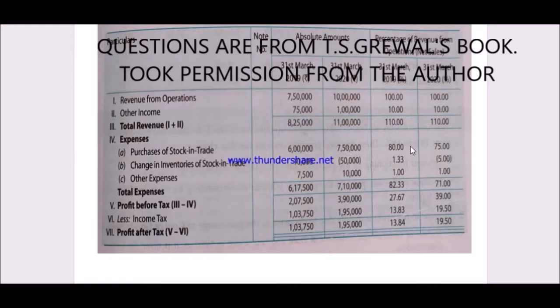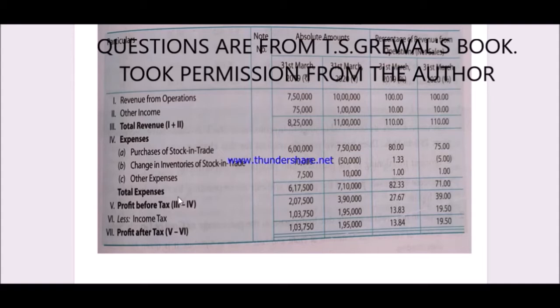If you calculate, you will get it. In the same way, change in inventory of stock in trade, 10,000 divided by 7 lakh 50,000 into 100 is equal to this one. Other expenses, 7,500 divided by 7 lakh 50,000 into 100 is equal to 1%.